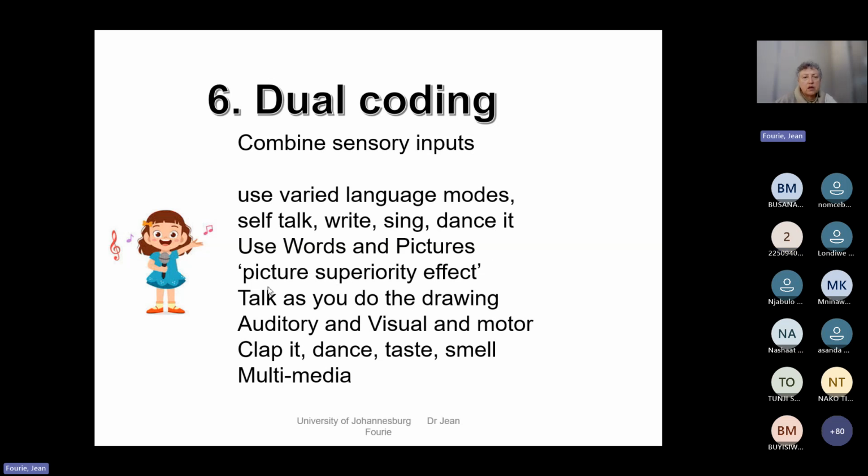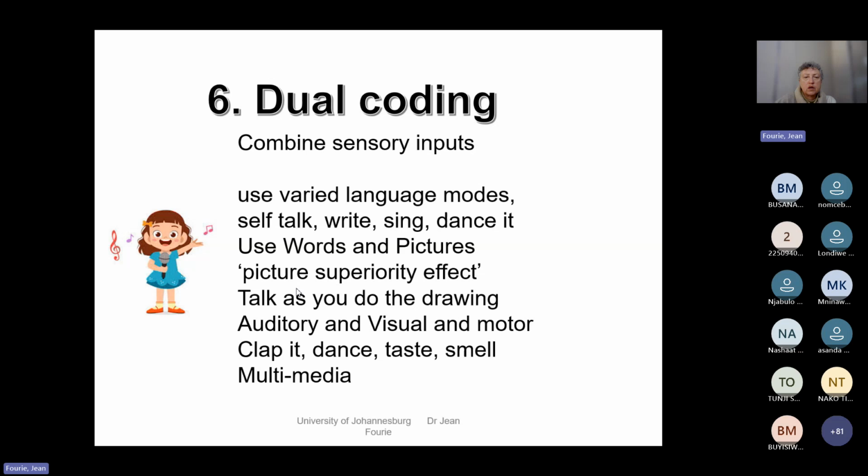I've made a note here about one little aspect of research that has been done on pictures, looking at actual either a video or a picture of a particular concept. And this is called the picture superiority effect. You all know that one can talk about something, but as soon as you see a picture or a video of it, it suddenly comes to life and you have a much better understanding of that particular thing.